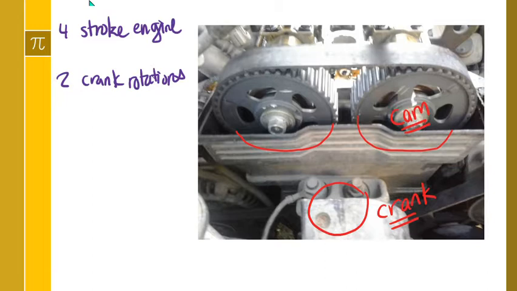But I only want to get through all of my events one time. So I'm going to have 1 cam rotation. We haven't gotten into gears yet, that's coming, but if you're going to rotate the cam once and the crank twice, that means the cam gear will be twice as big. The diameter will be twice, or it'll have twice as many teeth as the crank gear.